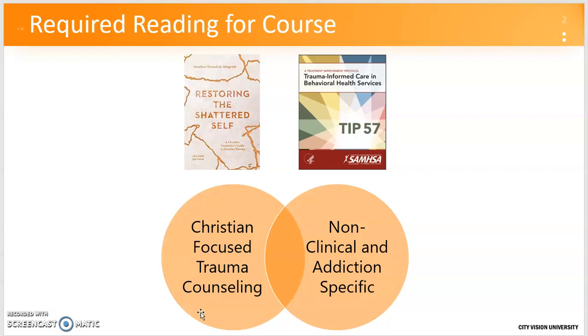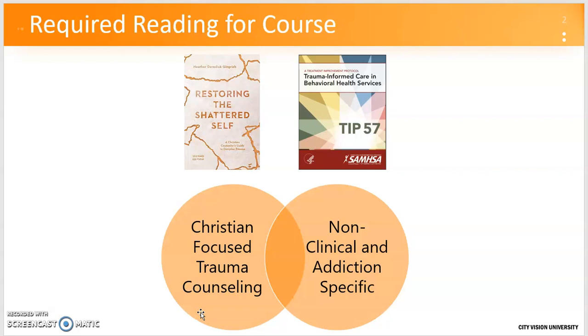The course largely follows the order laid out in the contents of this particular text, and we'll look at that specific order momentarily. The other text that we will be using is a PDF download that's available online, and it is also linked in the course. So this isn't a text to purchase, but it is one of the tip guides, which are commonly offered by the Substance Abuse and Mental Health Services Administration, SAMHSA.